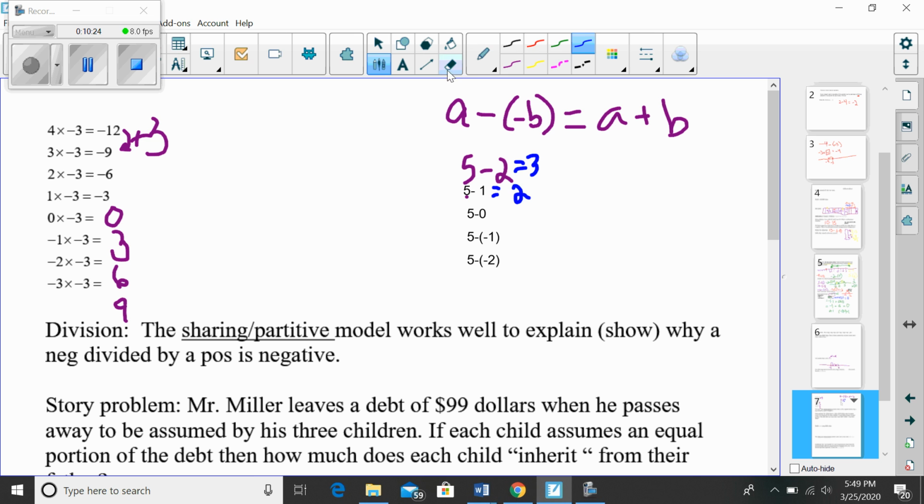This answer is 4. This answer is 5. So I can see the pattern that I've got going here. As I decrease my subtrahend by 1, I increase the difference by 1. Therefore, this has to be 6. And in order to be consistent with the rest of mathematics, that has to be 7.